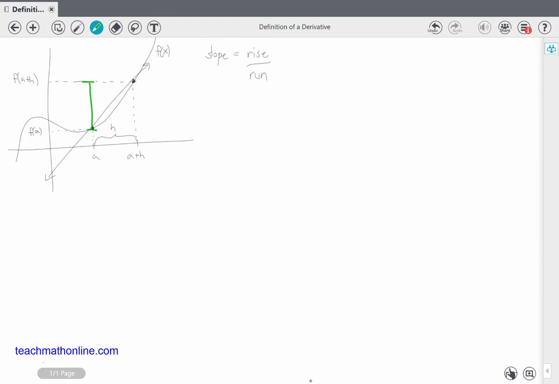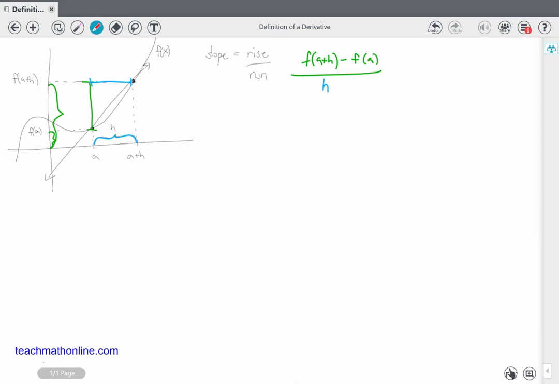In order to find that, we can take this distance, f of A plus h, and subtract off the shorter distance, f of A. And for the run, we want this distance right here. But since we've already designated that distance as h, all we need to do is write h.